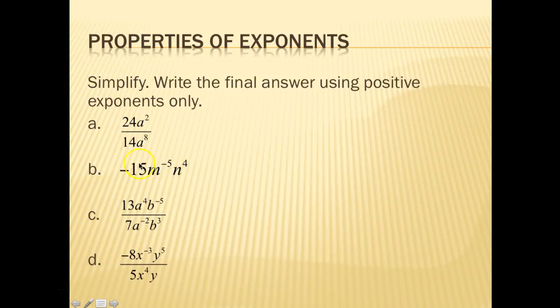I know in B, I don't think the negative in this 5 came through. I don't think the negative in some of these others came through as well. So just make sure the negatives are there before you work the problems. Please pause the video while you simplify these expressions.